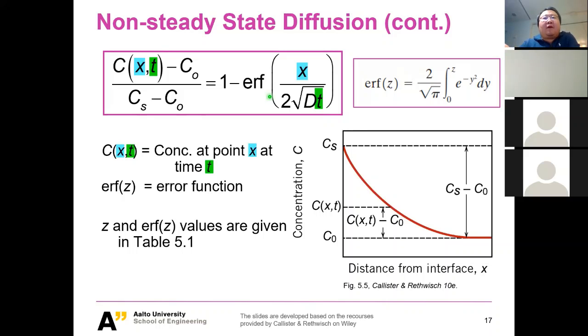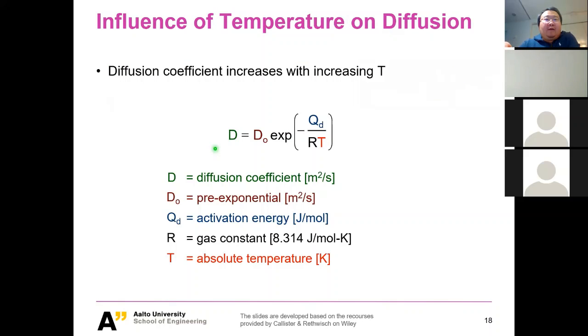So it's quite complicated. You don't need to do the integral itself. For some common values, you can use the table in the textbook to calculate your concentration at a specific time and a specific location.